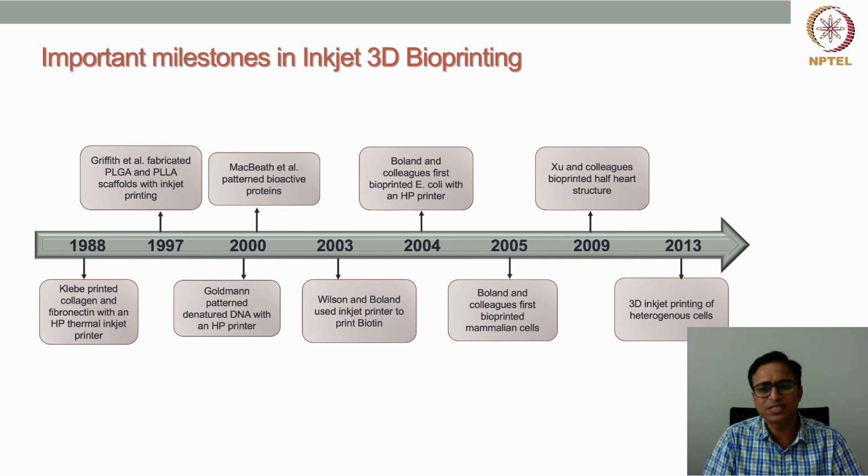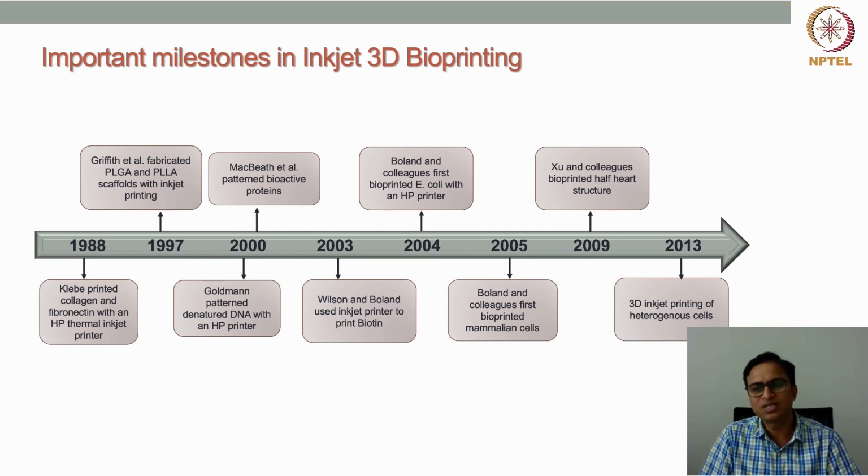Then there were various attempts to bioprint cells, proteins, and different biomolecules like DNAs. In 2009, Zhu and his colleagues bioprinted a half-heart structure. That was the very first attempt to print a tissue structure, in this case a half-heart tissue structure.